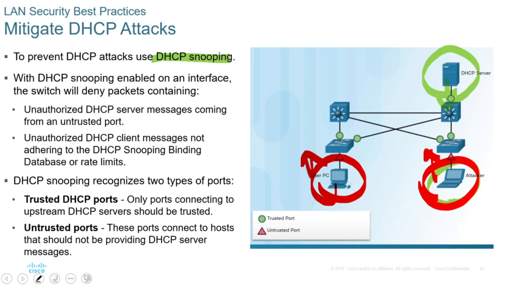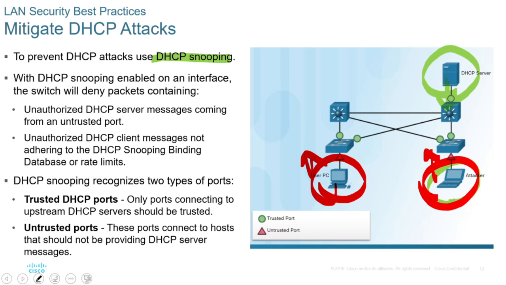So only authorized clients or the DHCP servers will be able to send DHCP messages, and the others will be denied. So that is the DHCP snooping mechanism. When we enable DHCP snooping on an interface, only those interfaces will be allowed to send out DHCP messages.